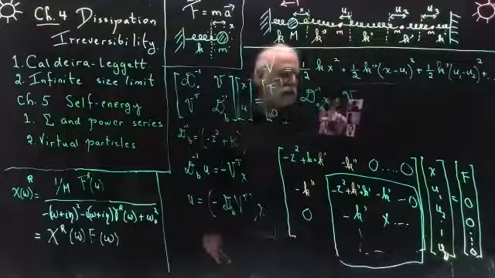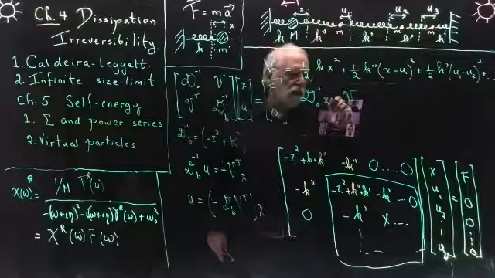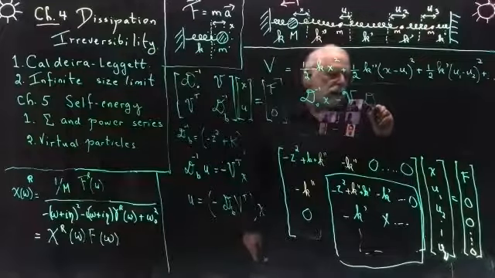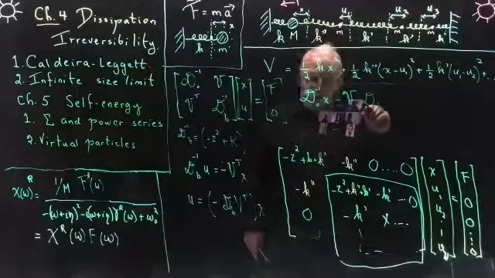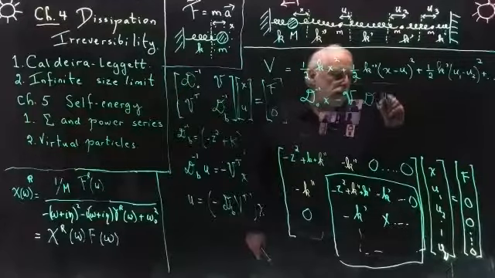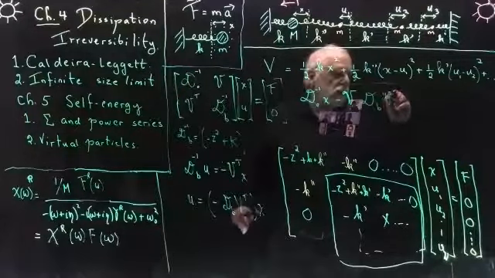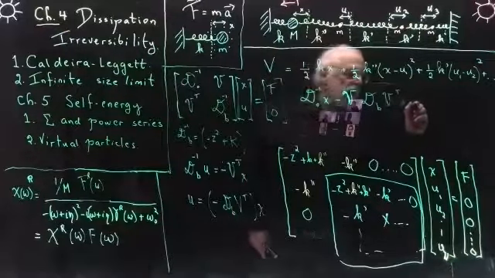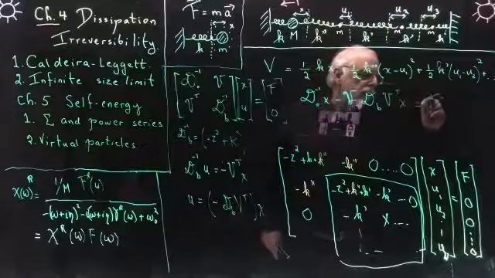So it's minus V times D B times V transpose times X is equal to the force.